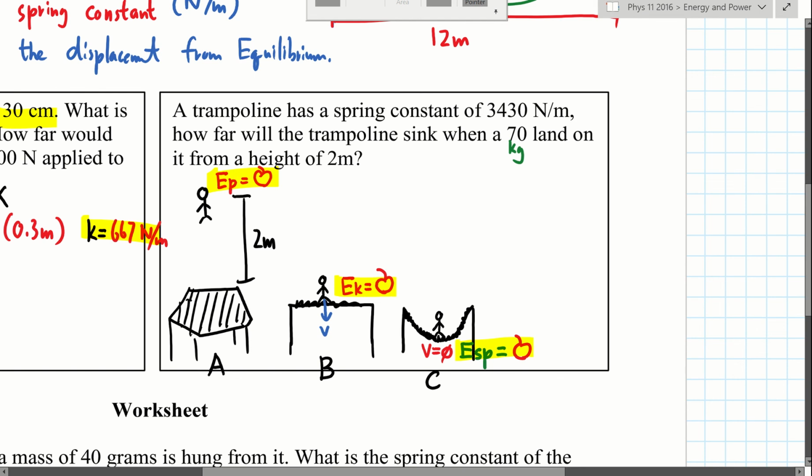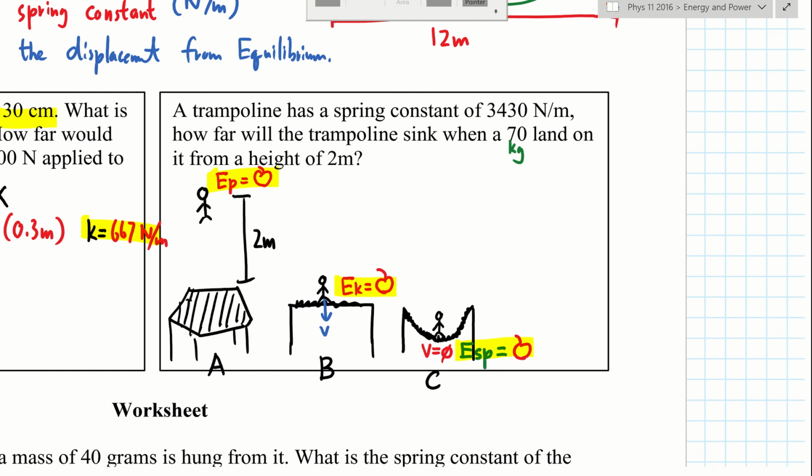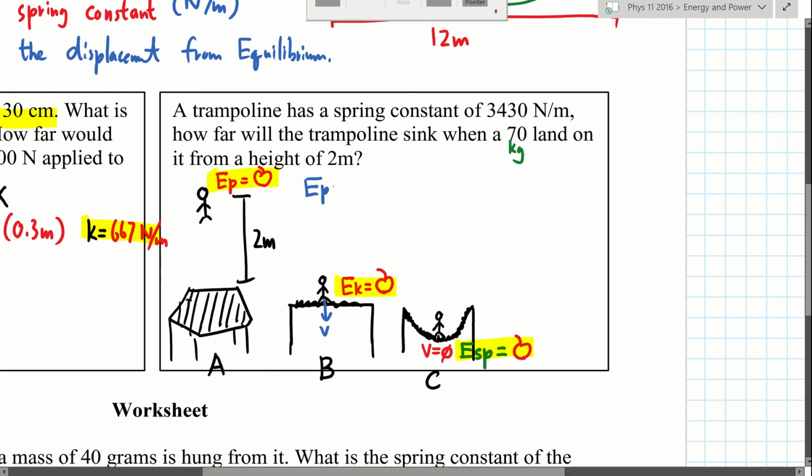Okay, so now knowing that, the following calculation is quite easy. So how much potential energy do we have? Now, this potential energy is mgh. The mass is 70 kilograms. g is gravity. h is the height of 2 meters. You can use a calculator.